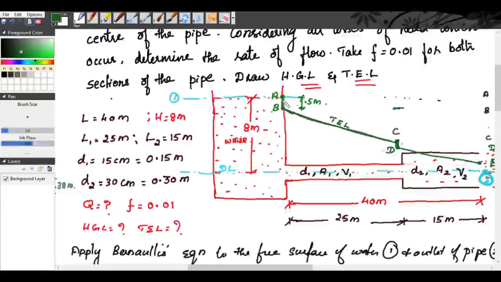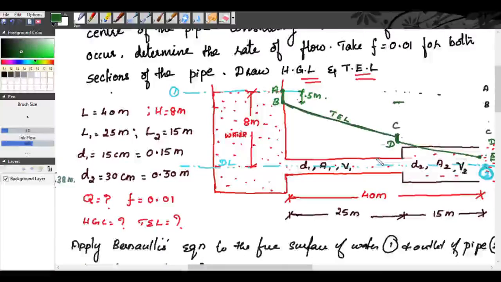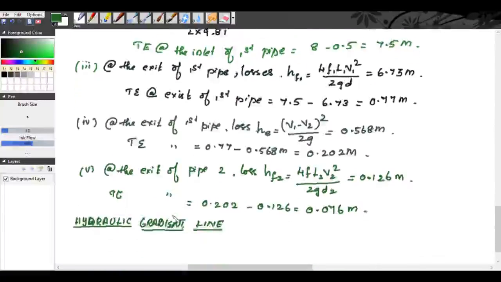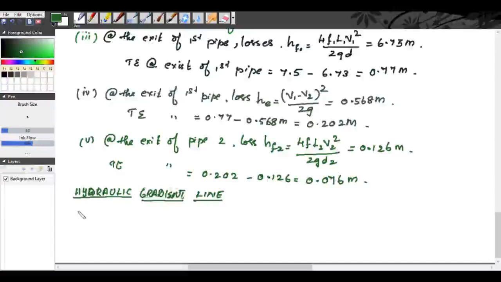So here, see, from B to C and from D to E. For finding the hydraulic gradient line, from B we will take BG equal to V1 square by 2g.